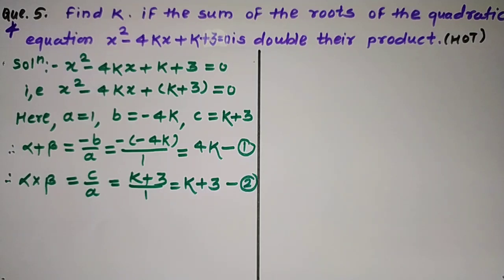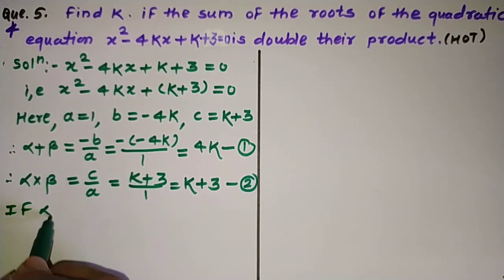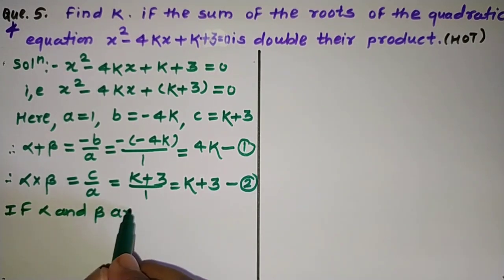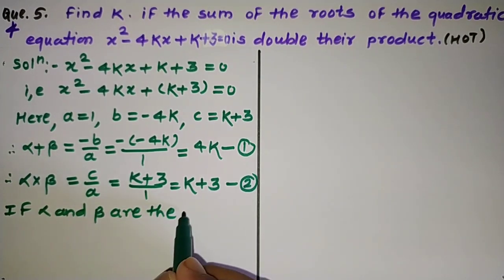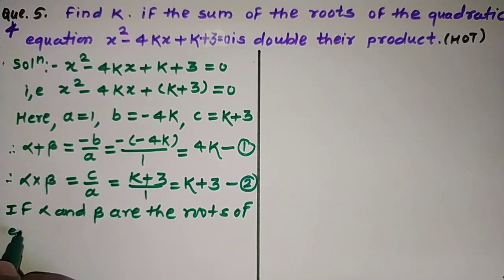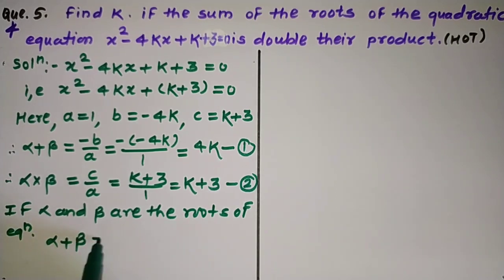If alpha and beta are the roots of the equation, alpha plus beta is equal to double the product of two roots.